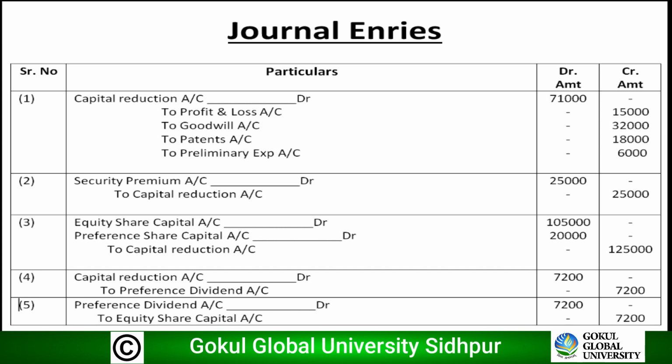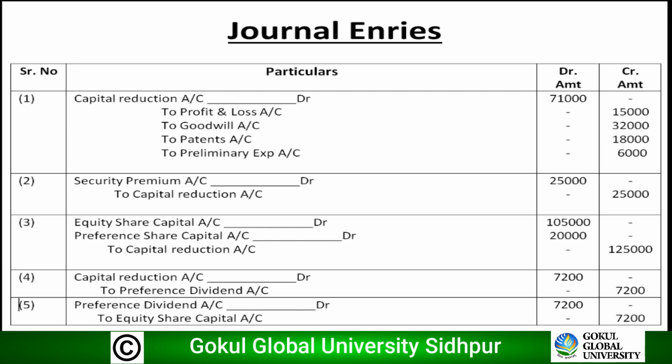Next, journal entries. There are 5 journal entries. First, capital reduction account debit to profit and loss account 15,000, to goodwill account 32,000, to patents account 18,000, and to preliminary expenses account 6,000. Second, security premium account debit to capital reduction account credit 25,000.